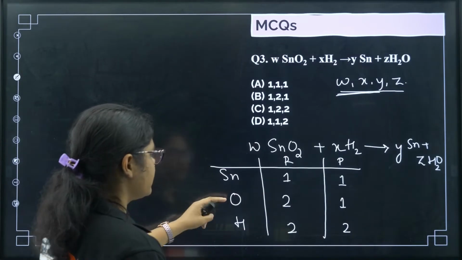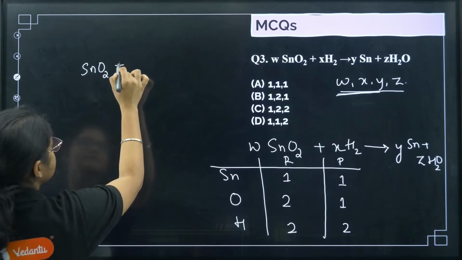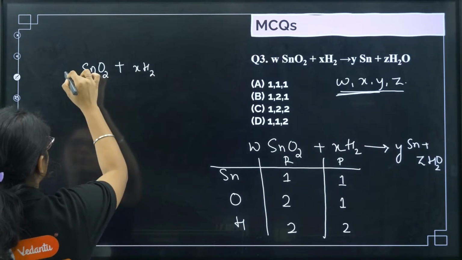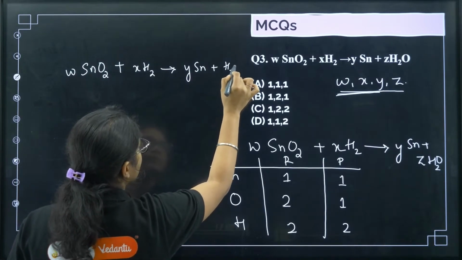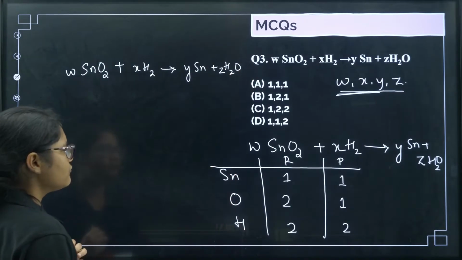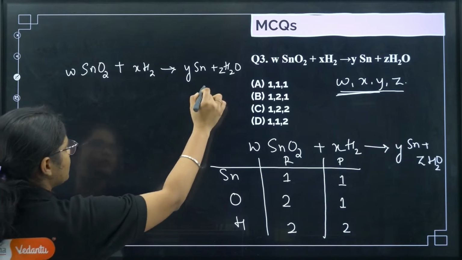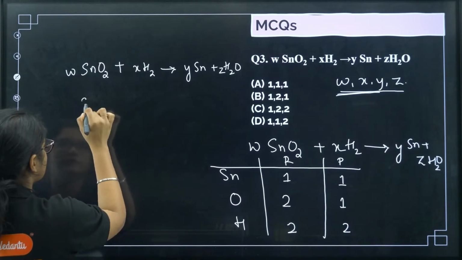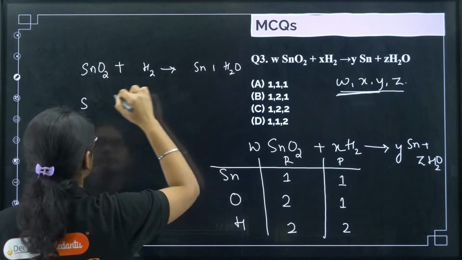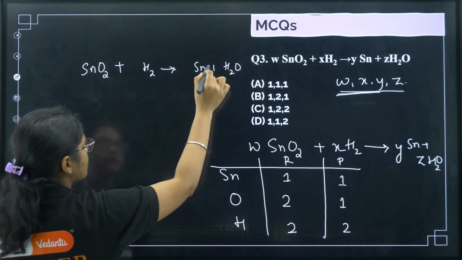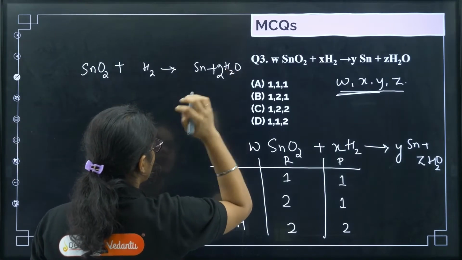If I first look at oxygen, we can balance the oxygen first. So, I will get SnO2 plus X H2 giving Y Sn plus H2O. To balance oxygen, there are 2 oxygen on one side and 1 oxygen on the other, so I can multiply H2O by 2.